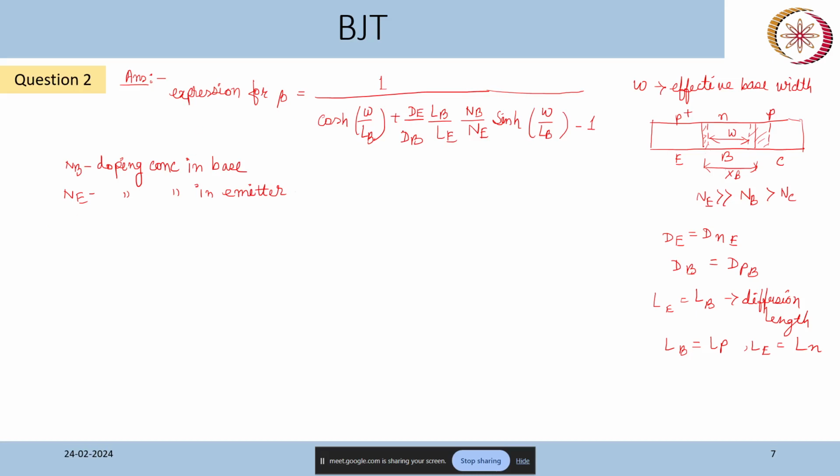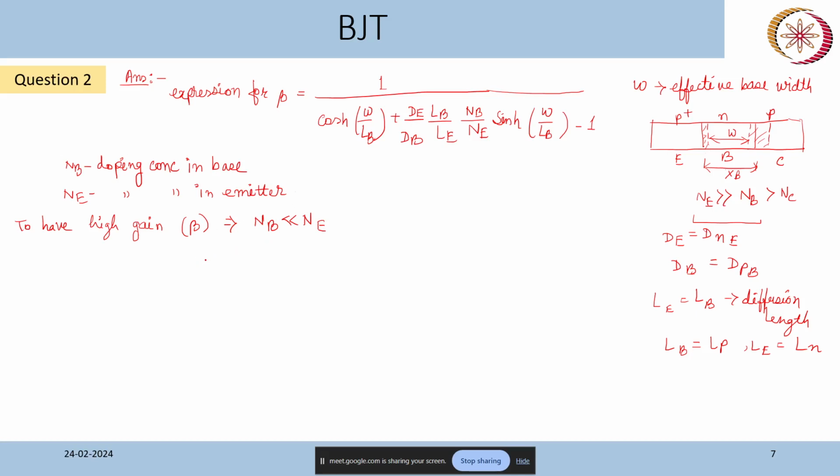Okay, so from this expression, to have high gain, that is beta, we need NB much less than Ne. So that is how this condition for fabrication of the actual BJTs comes from. Okay, so NB much less than Ne.